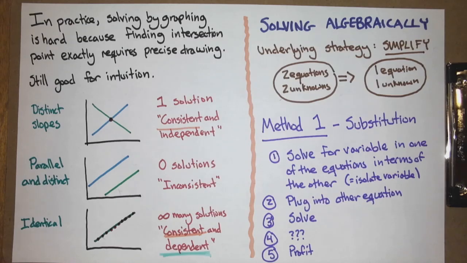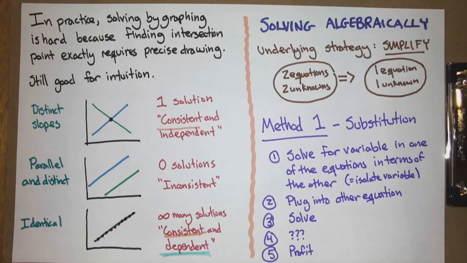So the first step is you solve for the variable in one of the equations in terms of the other. So maybe I say, oh, I can put x equals something, y equals something. And now I take that information and plug it into the other equation. With that, I can solve. So what's going to happen is I'm going to have a simpler equation.